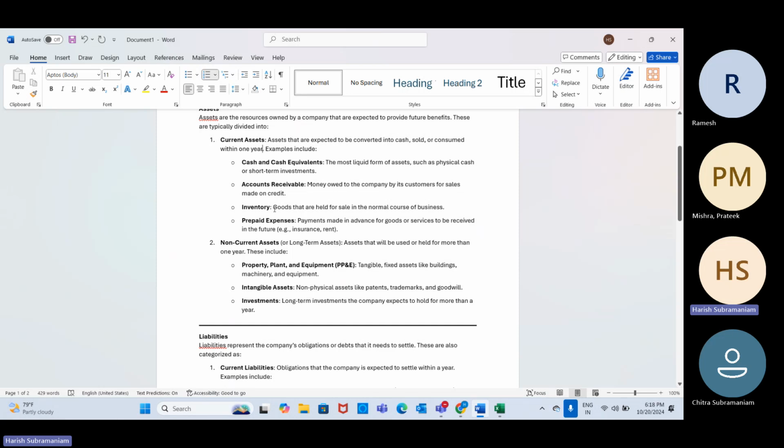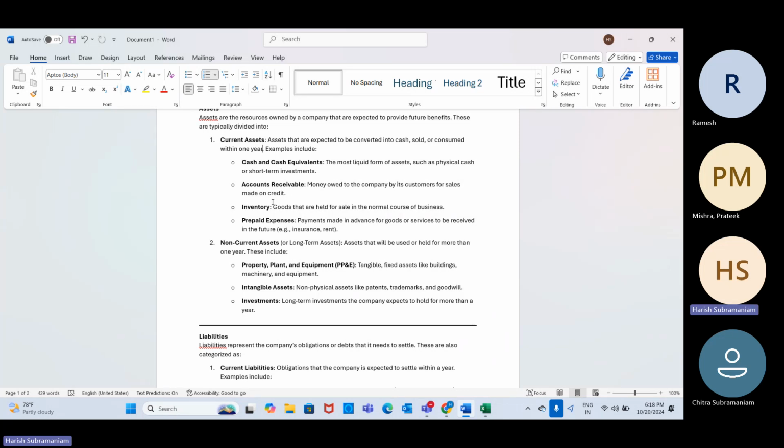So what does that mean? That means that, let's say, for example, the company has a factory. Now, tomorrow, the company cannot convert this factory into cash to run the organization. But current assets, for example, can be easily converted into cash or can be used to run the day-to-day operations of the organization.